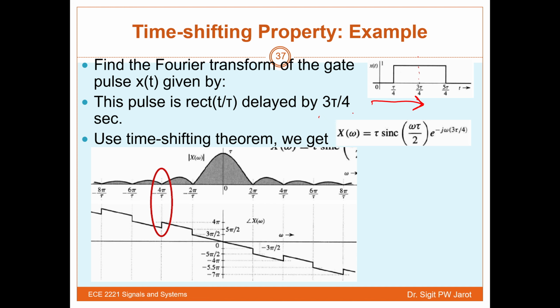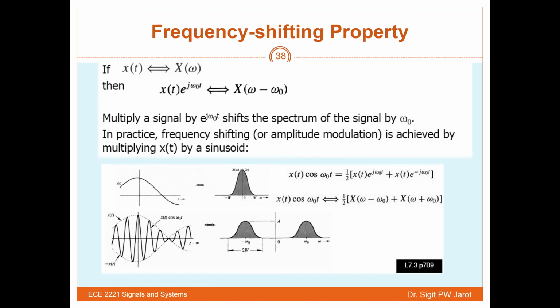So you just convert the function to sinc, but for the shifted value you multiply by e to the minus j omega 3 tau divided by 4. This is the magnitude and also the phase plot of this function.